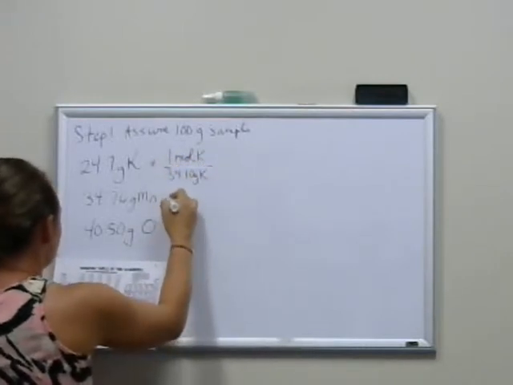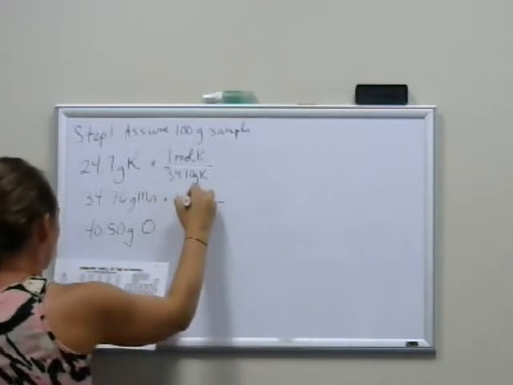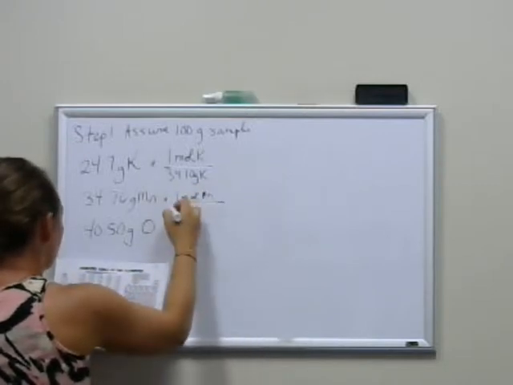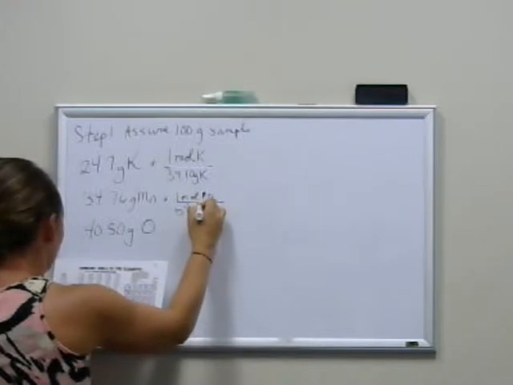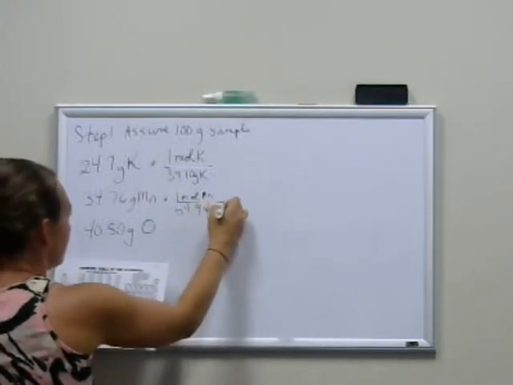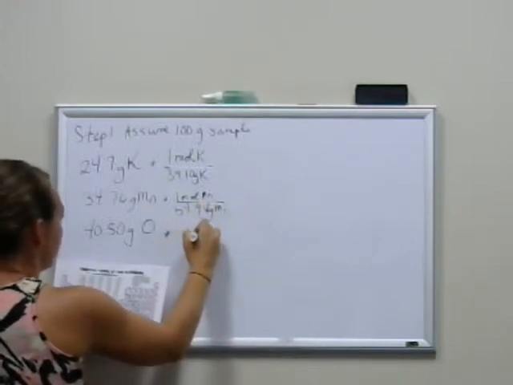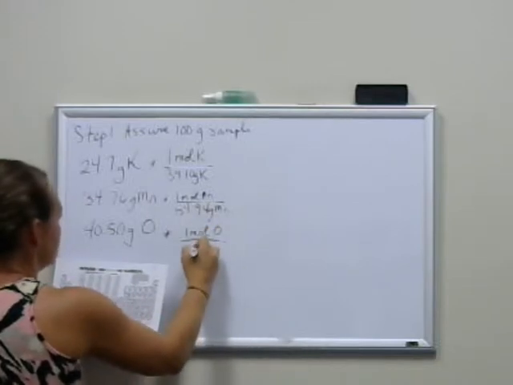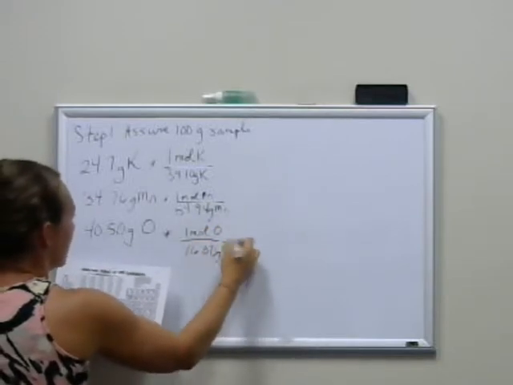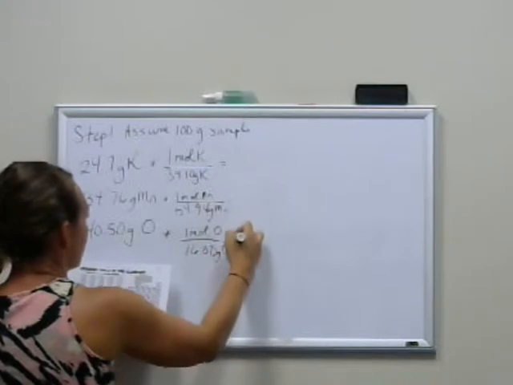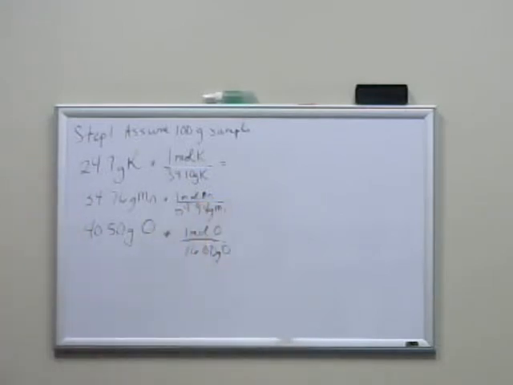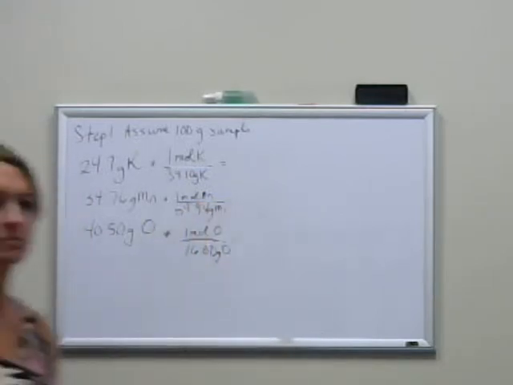And for manganese, 54.94. And for oxygen, 16.00. Now I just plug all of these into the calculator and I can calculate how many moles.